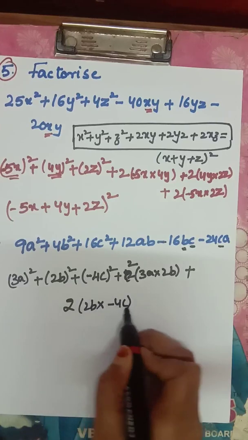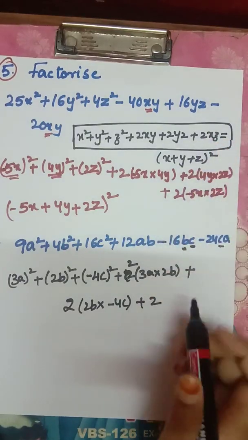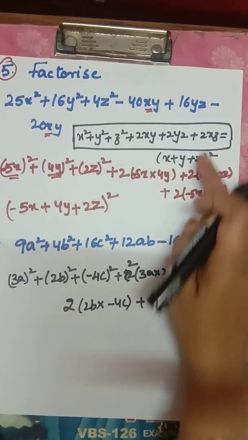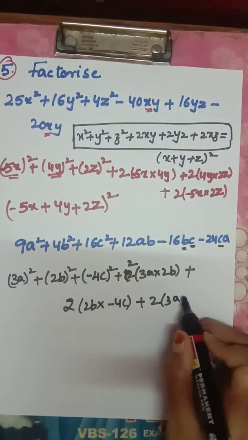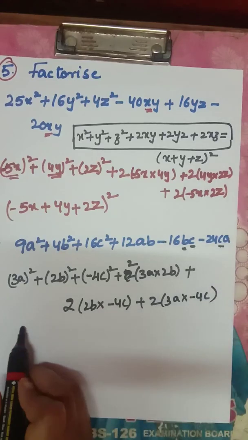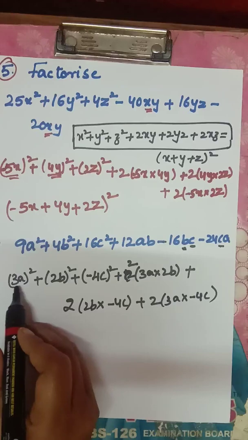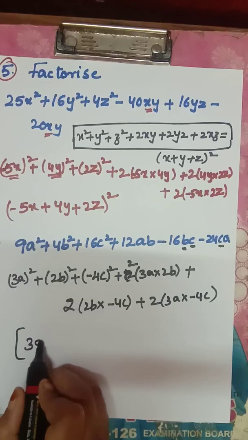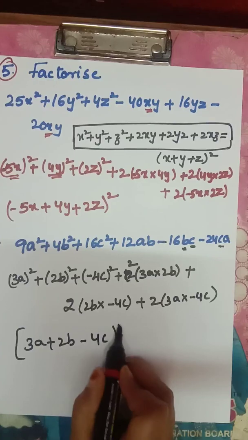Minus 4c plus 2 into a, c, a is what? 2xy, that is AC, that is 3a into minus 4c. So this is our expanded value. We are going to write it in a short one, that is 3a plus 2b minus 4c whole square.